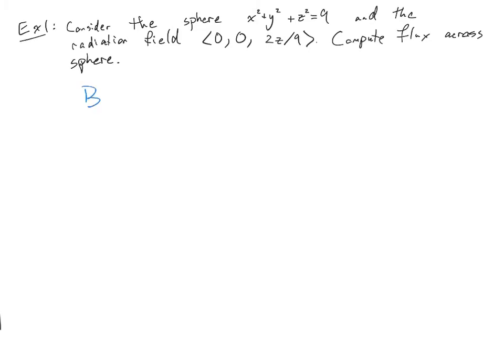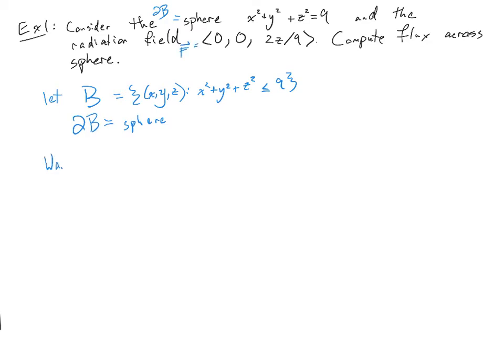So let B be the ball x, y, z, x squared plus y squared plus z squared less than or equal to 9. So the ball of radius 3. So the boundary of the ball is the sphere that we considered. I'm going to let the field be f. And then what we want is the integral.